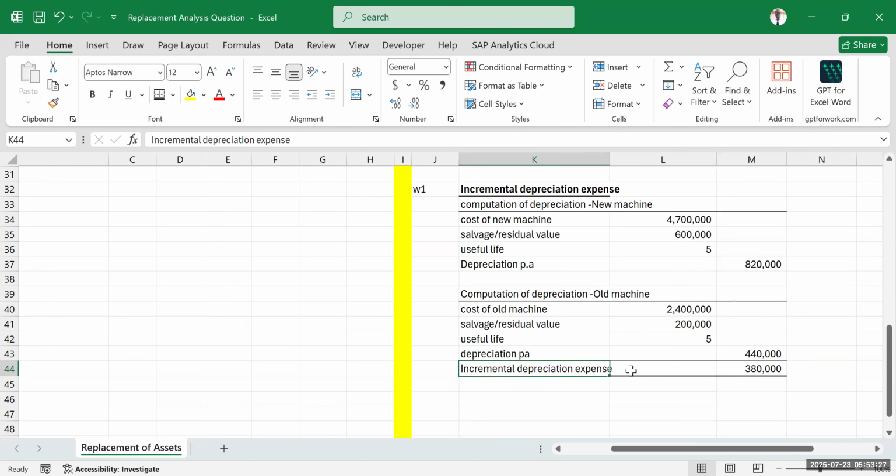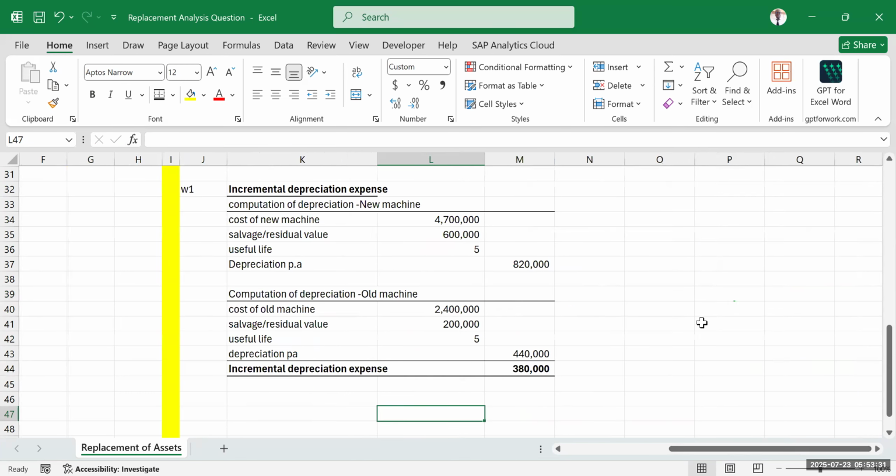And we have here 380,000. Now, this is the incremental depreciation expense. And because we are looking at the cost savings, the impact of the new machine, this is the expense that you want to look at. This is the depreciation that we are going to charge in our cash flows, in our statement.